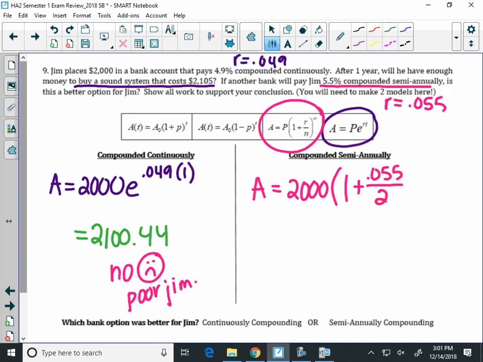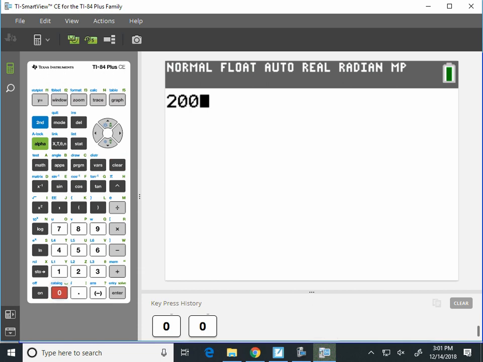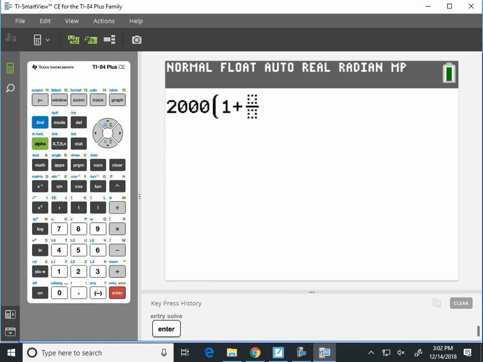Semi-annually means you take interest twice a year. And we're taking interest twice a year just for 1 year again. So we're going to put that in our calculator to see if this bank is a better option for Jim. So 2,000 times 1 plus 0.055 divided by 2.